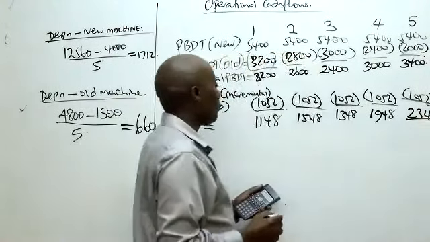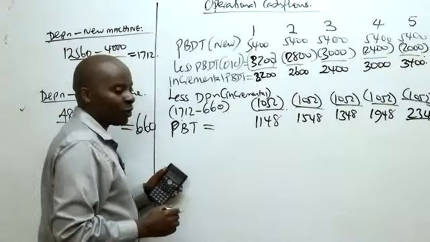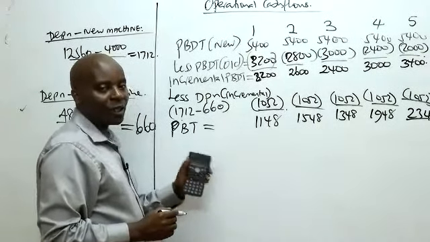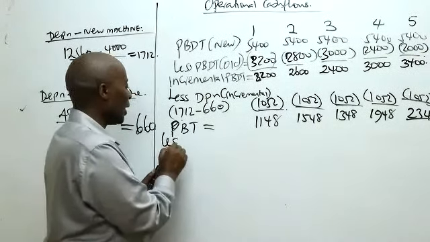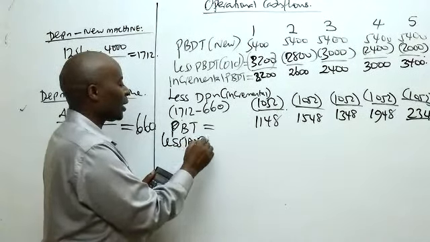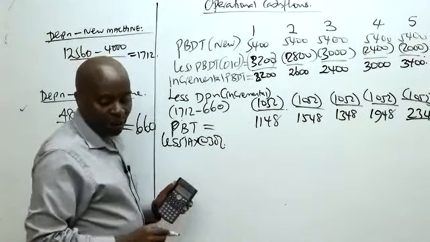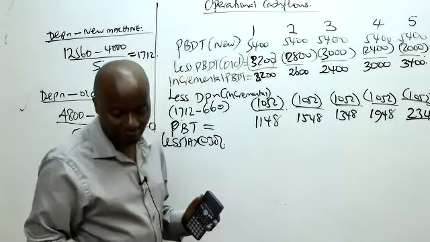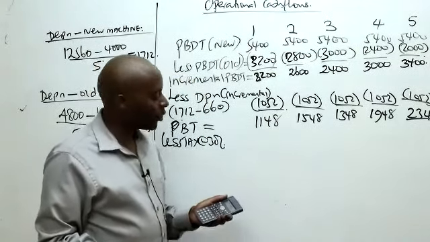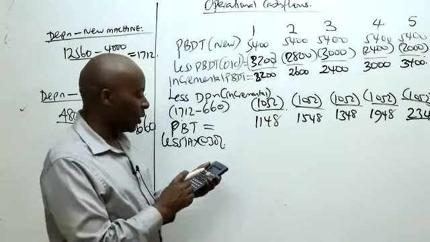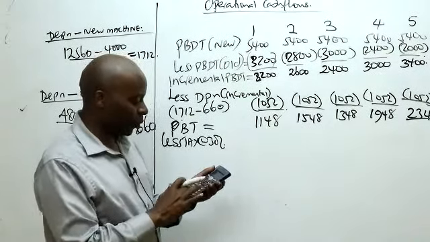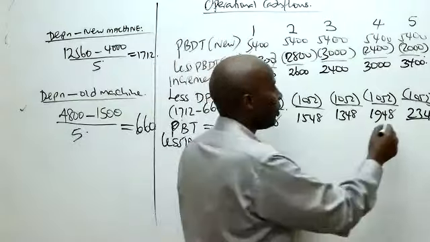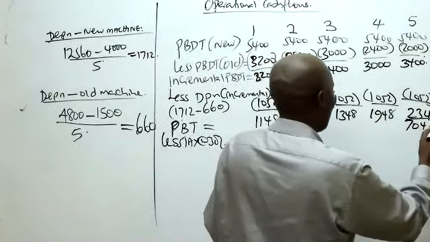Once you have your figures, these are profits before tax. Go ahead and share these with the taxman. So less tax at 30%. The 30% tax rate was given in the last paragraph before required. So we have times 0.3. The last one, 2348 times 0.3, gives 704.4.